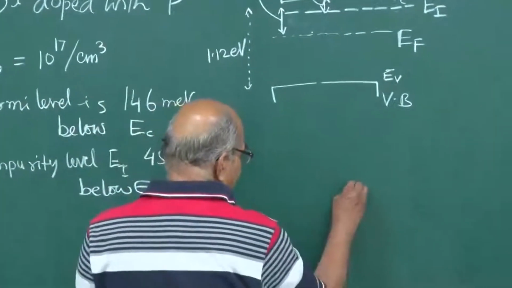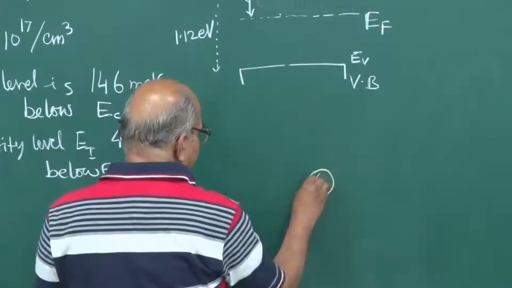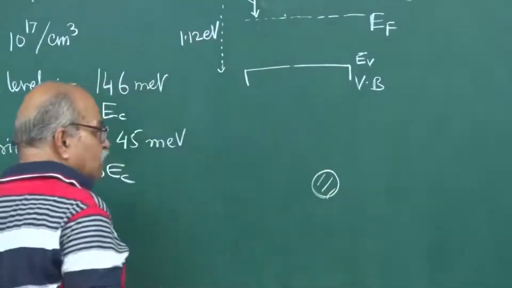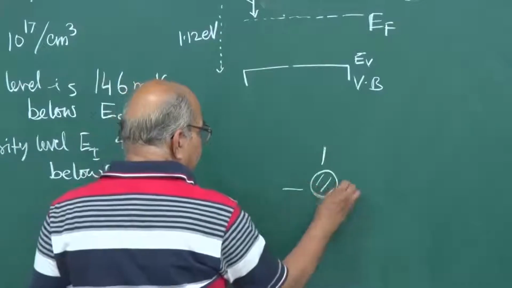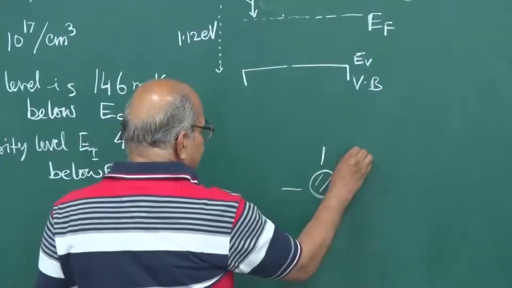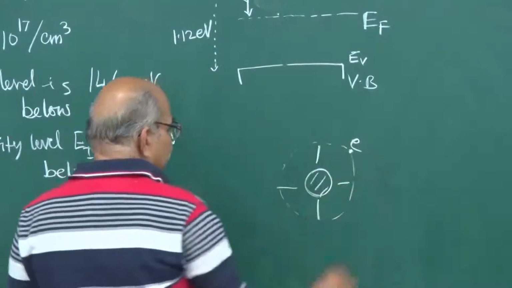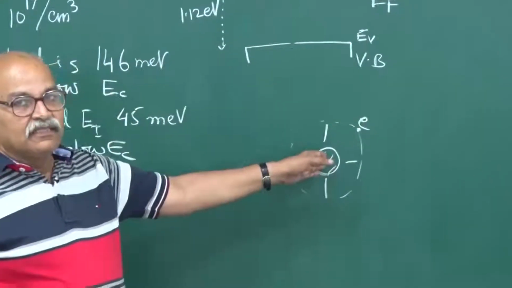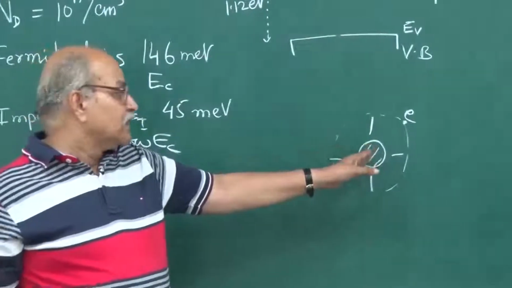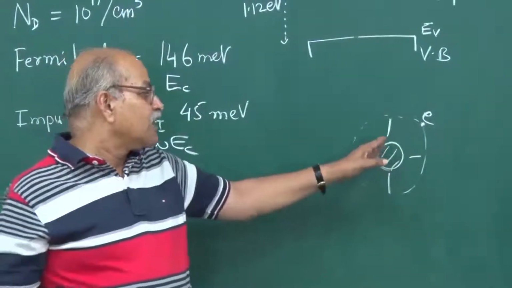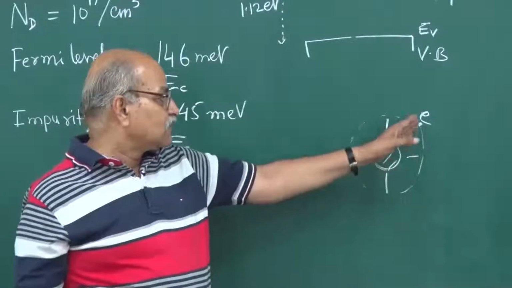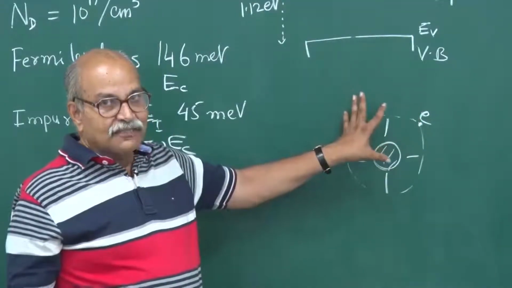If I have a donor impurity here, it comes with 5 outer electrons, 4 are bonded, and 1 is still here, bound to this donor atom. So it's a neutral atom. It had 5 electrons, there are 5 electrons, and therefore it's a neutral atom.